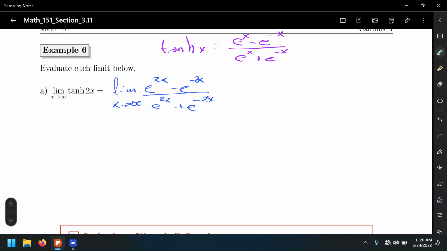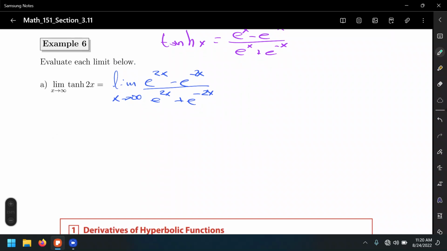In this case, I'm going to divide every exponential term right here not by x of the highest power like we did in the polynomials. In this case, by the exponential of the highest order, the e to the 2x, okay?